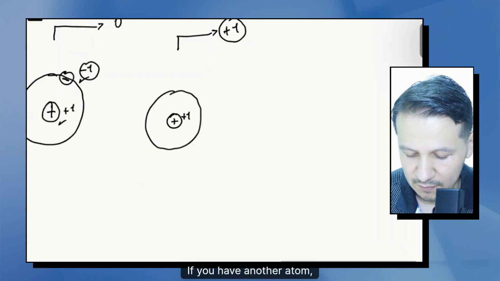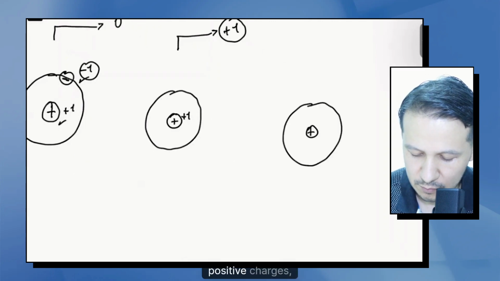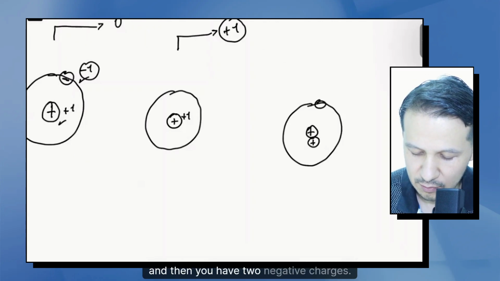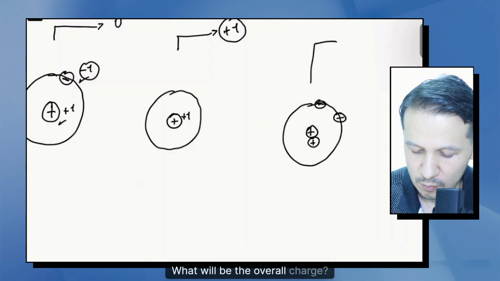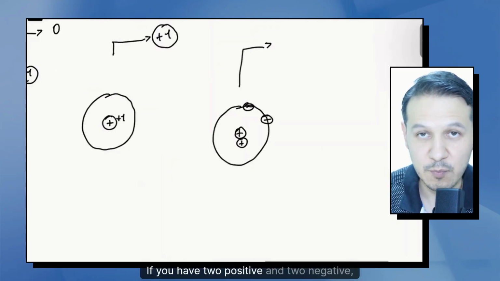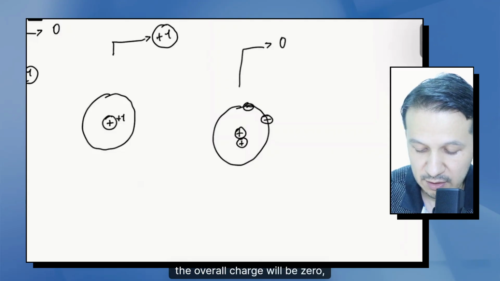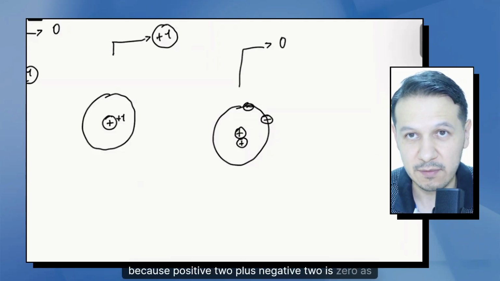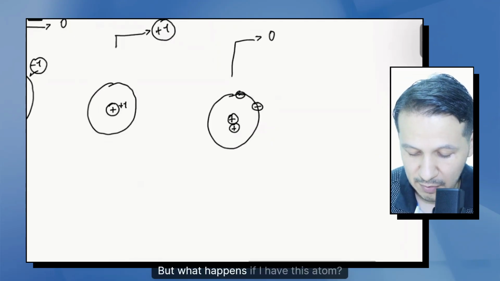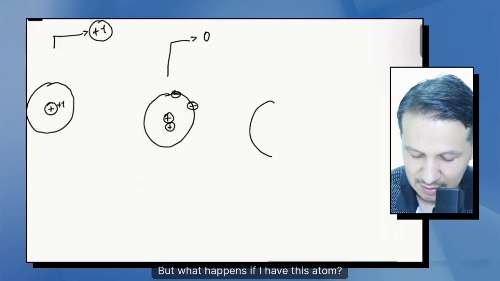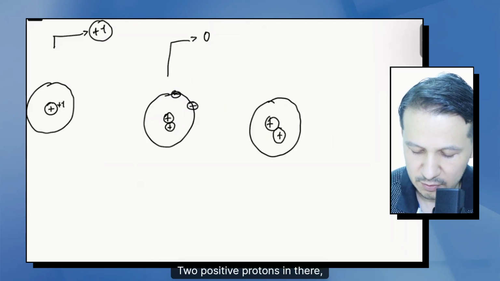If you have another atom with two positive charges and two negative charges, what will be the overall charge? The overall charge will be 0, because positive 2 plus negative 2 is 0 as well, right? But what happens if I have this atom with two positive protons in the nucleus, and then I have one negative electron?